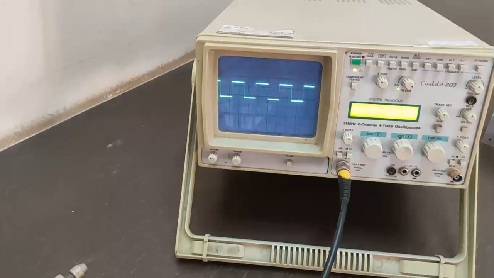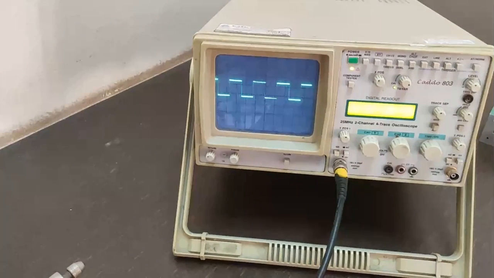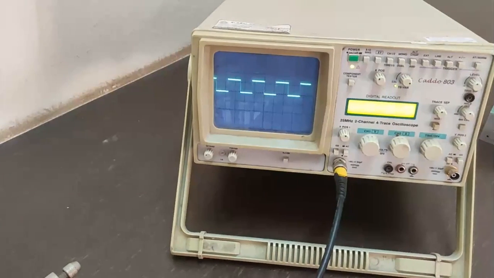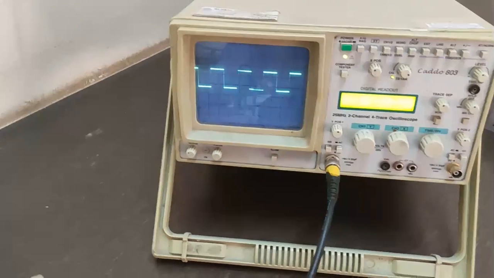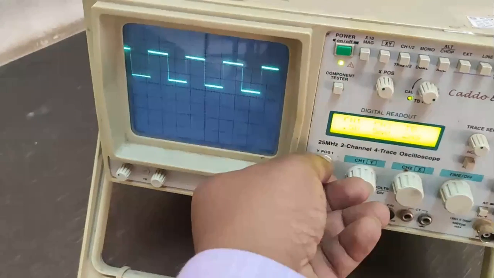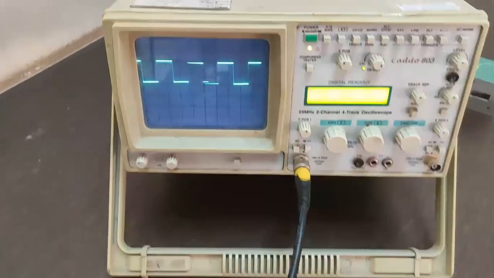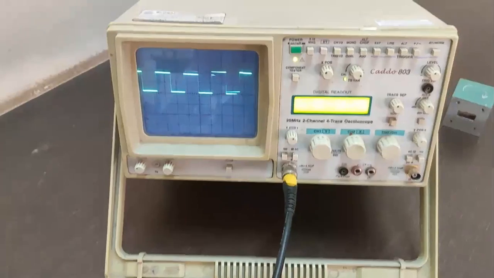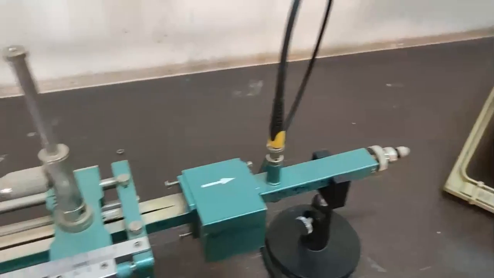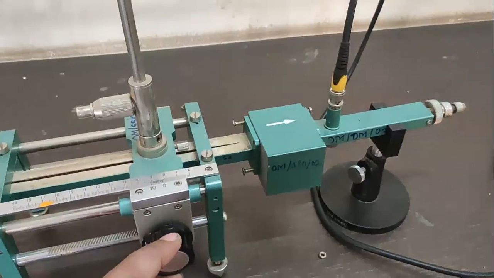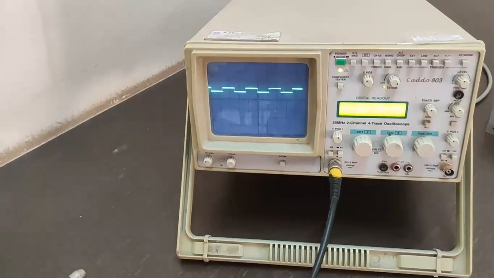and as I am moving this, the voltage is increasing, but after some time it starts decreasing, so I have to go to the point where it is maximum, and here you take this value, which is nearly equal to 2 multiplied by 0.5 volt, so that is equal to 1 volt, which is Vmax. For finding Vmin, you have to move this again until you reach the minimum point.